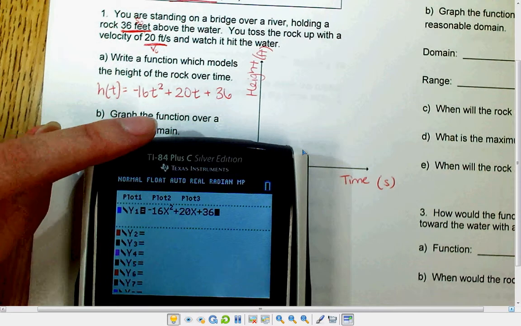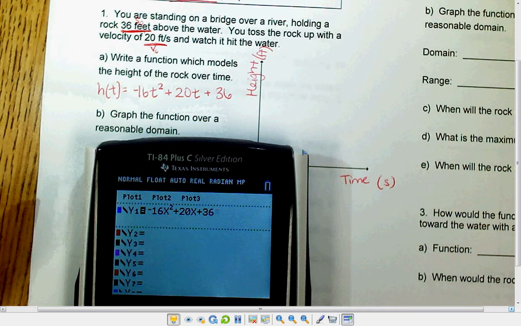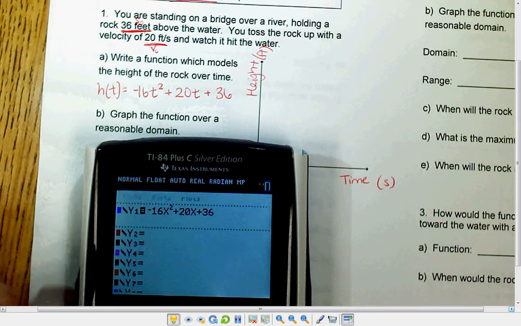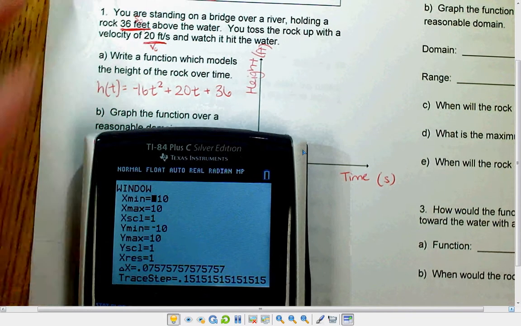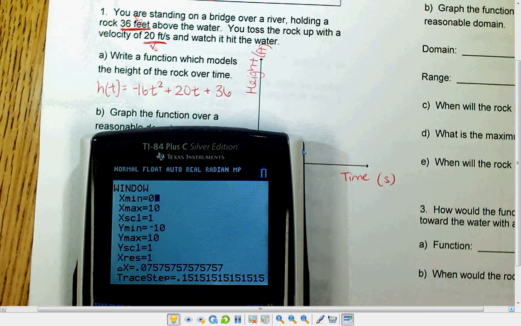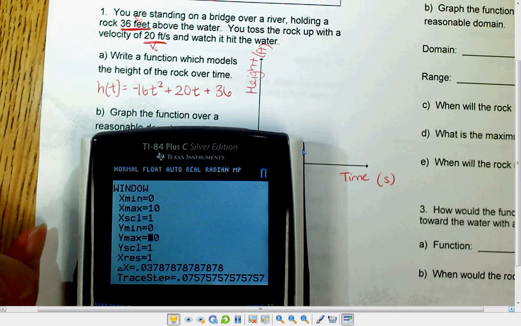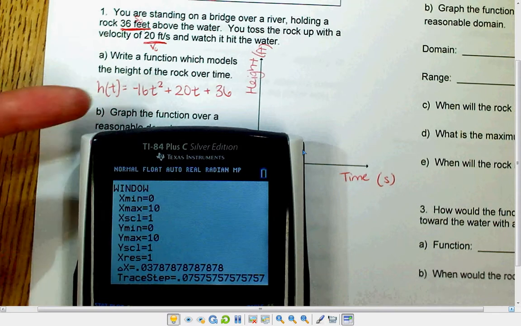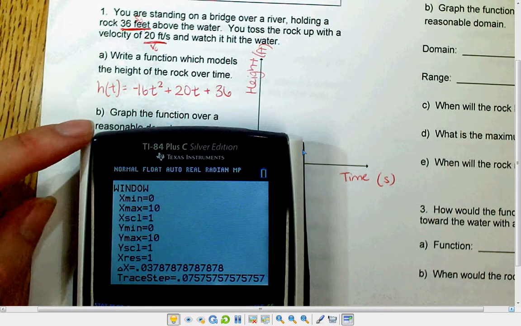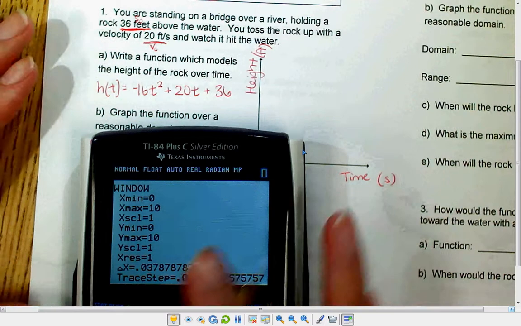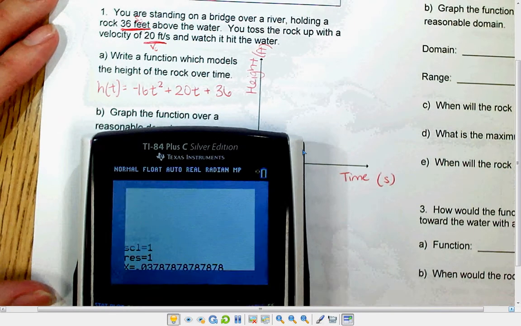So every time we see t, we're replacing it with an x. Let's go to our window. So just like yesterday, we're going to start off with 0 to 10 and 0 to 10 in both our x and our y. We're starting at 0 because we can't have a negative time. So we're only going to be looking at the positive numbers. So let's graph this and see.